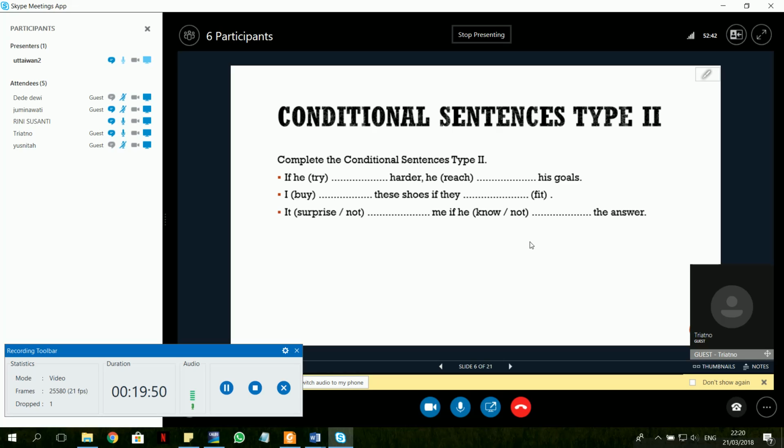Okay, good. So I would buy these shoes if they fit. What is the fact? Okay, because they don't fit. Good. Last one.